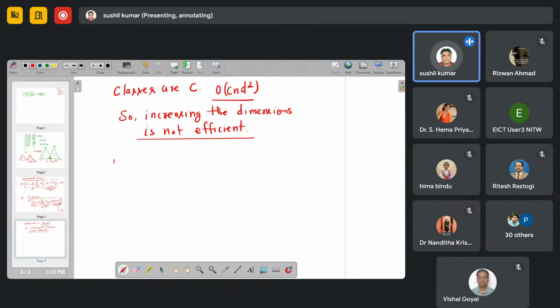And reducing the dimension is again a problem, that also you know. What will be the issue if we decrease or reduce the dimension? Anyone?